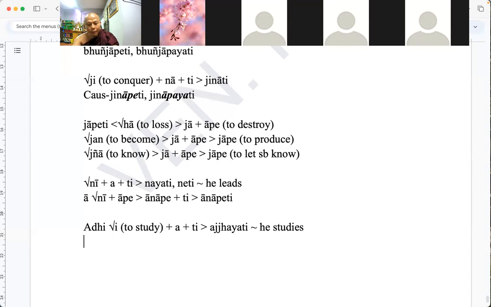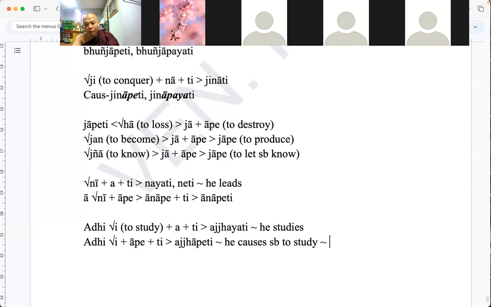So from that, a D prefix root E, after that RB, and then D, so it B D. At that time, literally, he causes somebody to study.